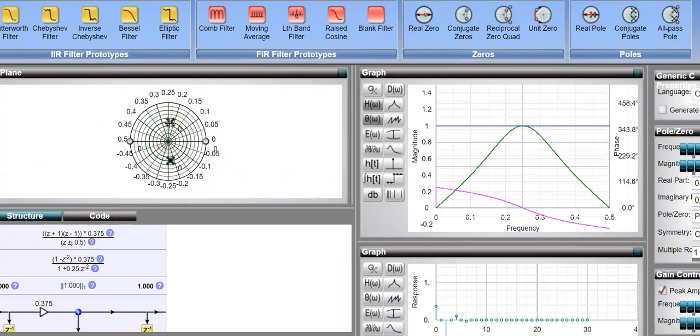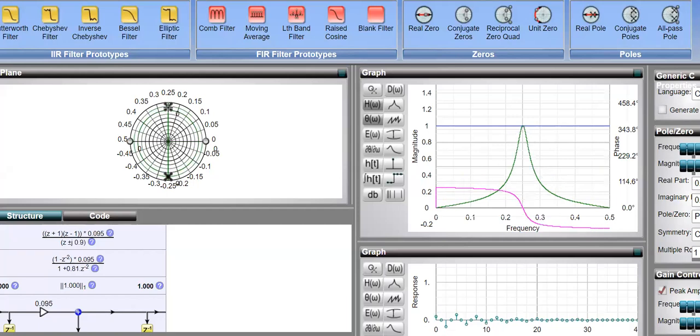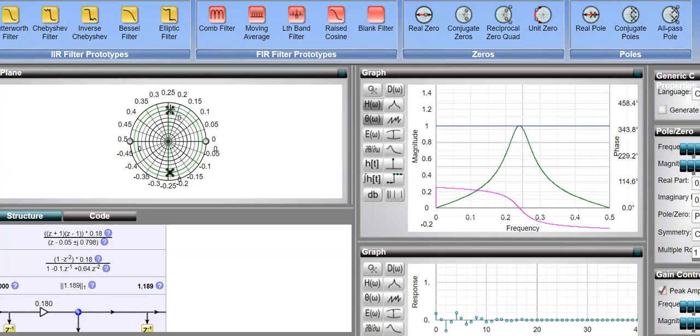And by changing the pole locations, you can control the bandwidth of the filter. However, the non-linearity of the phase is increasing whenever the quality of the filter also increases. So that is a challenge for the designers. Okay.